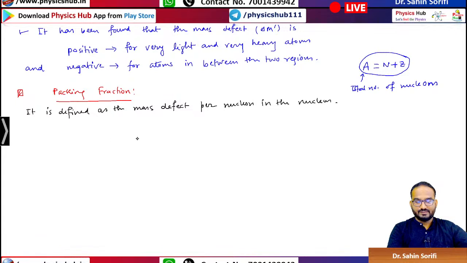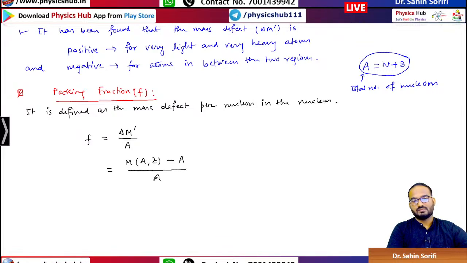Packing fraction is represented by F. So F equals delta M prime divided by the total number of nucleons A. Delta M prime is the mass of the atom minus the mass number, divided by the mass number A. So this is M of A Z divided by A, minus 1.